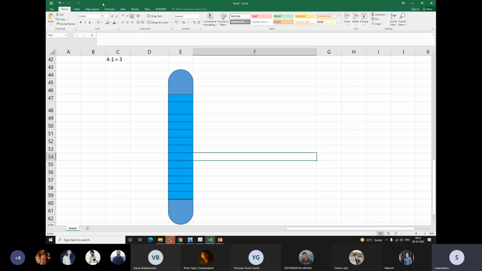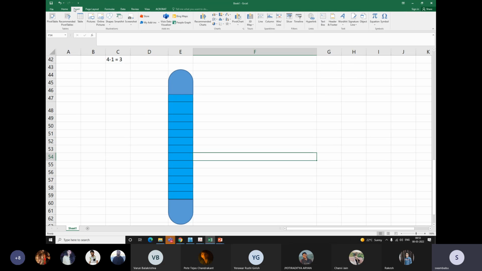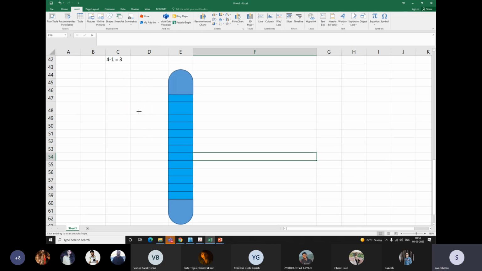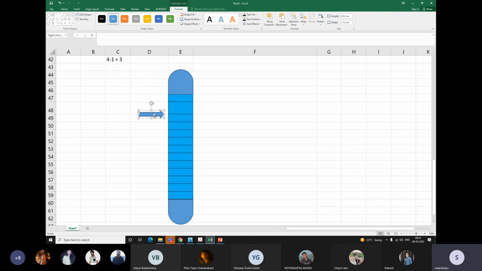And we can have multiple feeds. There's a possibility of multiple feeds. Multiple streams can also be taken from intermediate trays, and I will tell you why we need to take multiple streams.